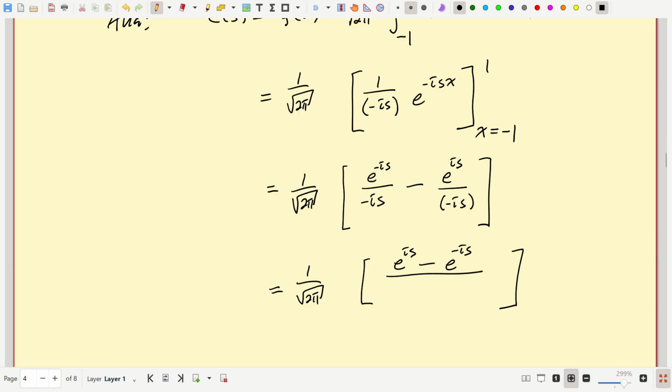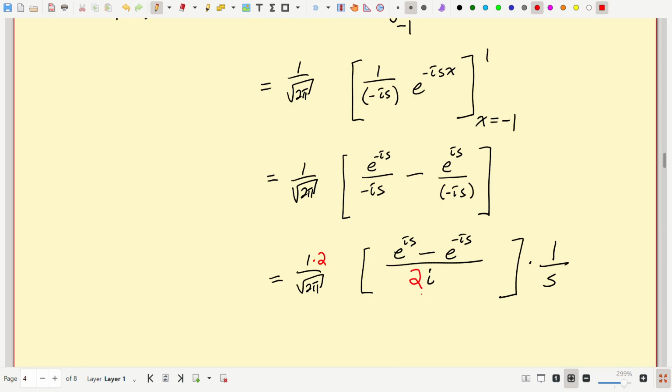I can pull the 1 over s out, and then I have an i. Yeah, okay, that's looking good. And I look at that and think, oh, that's the sine function. So in fact, if I put a 2 here and here, that is the sine function.